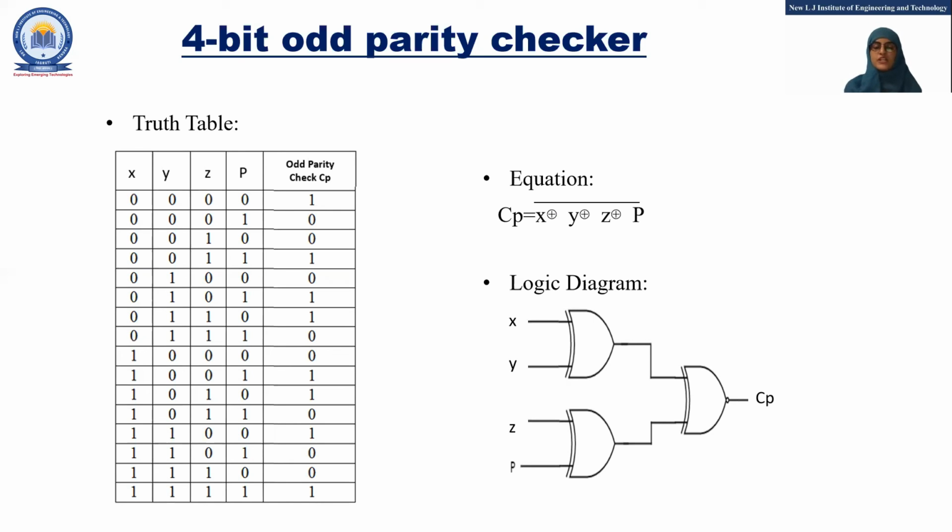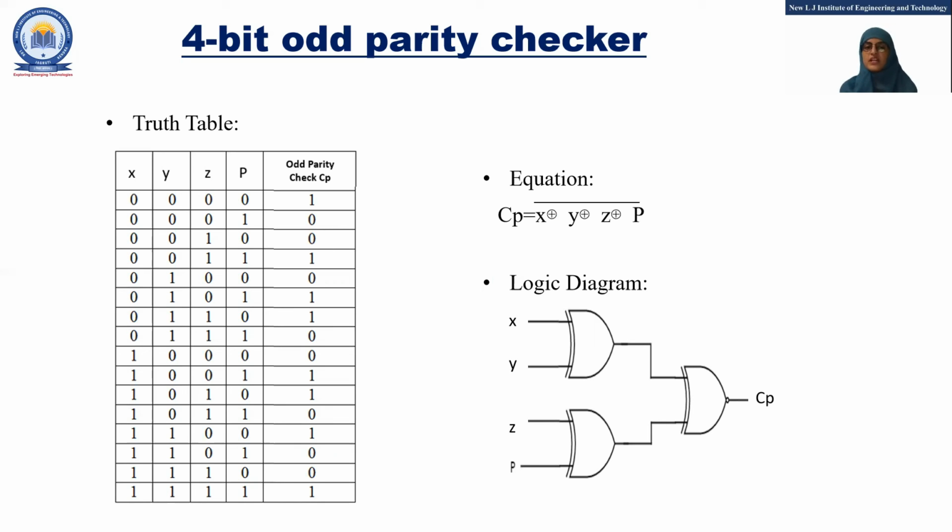So for combination 0, 0, 0, 0, the total number of ones is 0, which means it is even. So if this is even, it will mark it as an error because this is an odd parity checker. So the output will be 1. For 0, 0, 0, 1, the number of ones is 1.